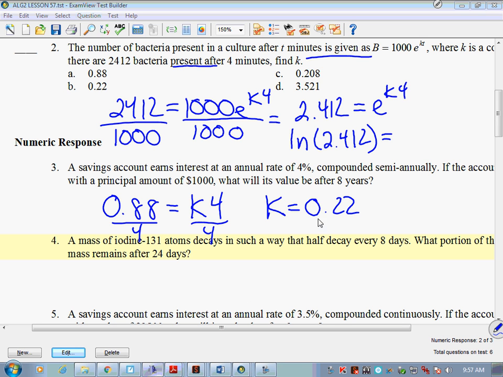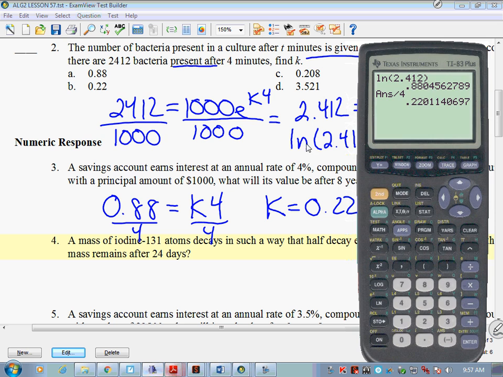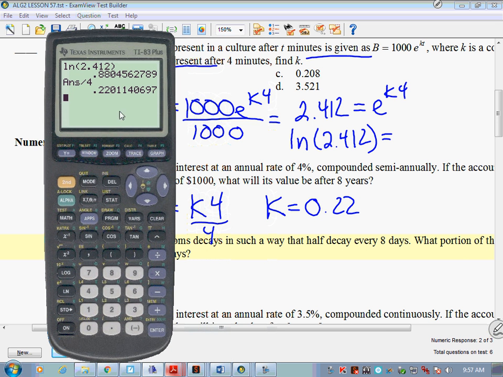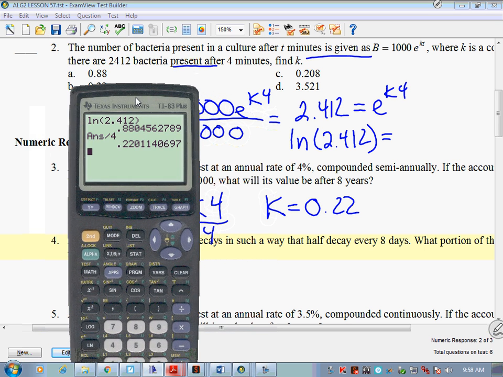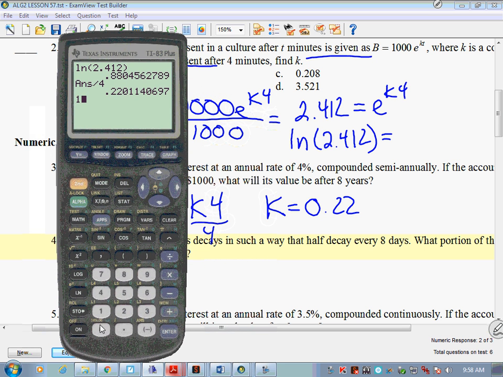Okay, my k is 0.22. Let's see if I can test this, because we want our answer to come out to the 2,412. So let's do 1,000, and let's do second ln, that's my e to the 0.22 times 4.